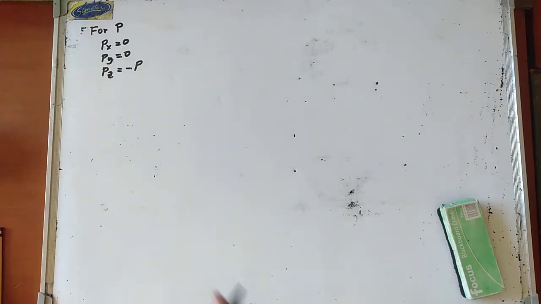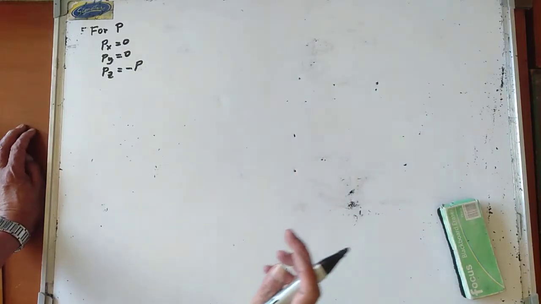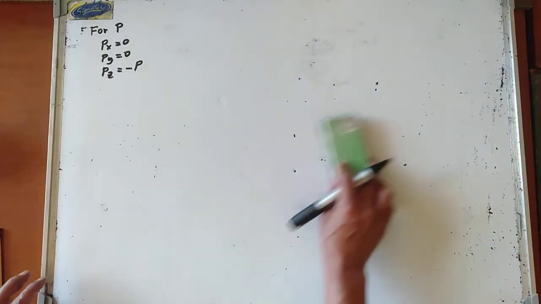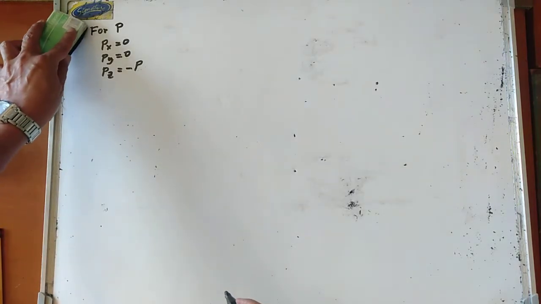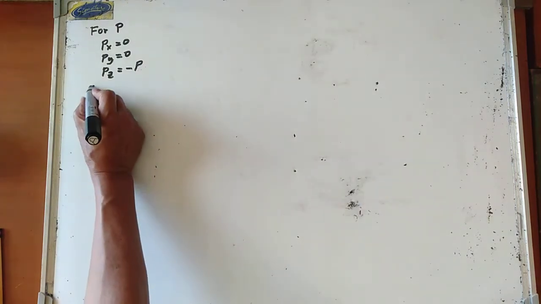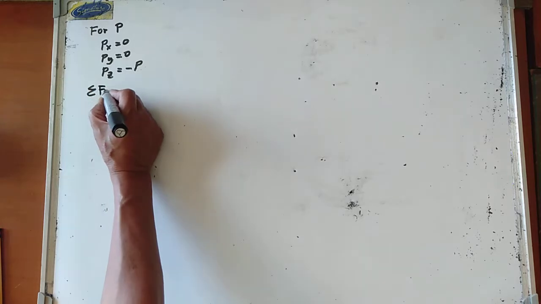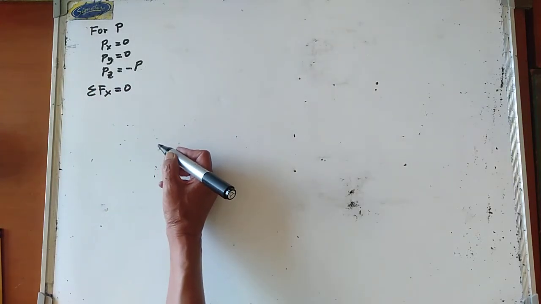Now, summation of forces. Let us now apply the three equations of equilibrium for a concurrent force system in three-dimensional force. Summation of forces along the x-axis is equal to 0.